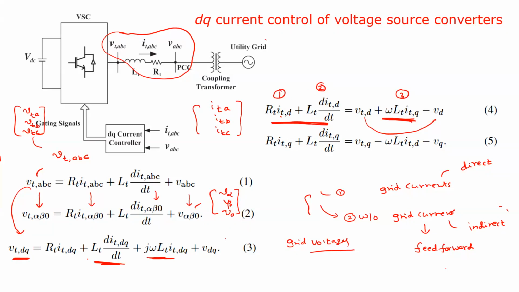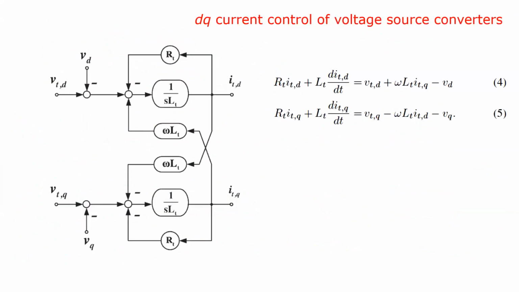By using these two equations, we can build a simple circuit which uses the Laplace transformation. The circuit will be something like this. By using these two equations, we can extract the value of this ITD using the Laplace transformations. So this is how exactly it will be.